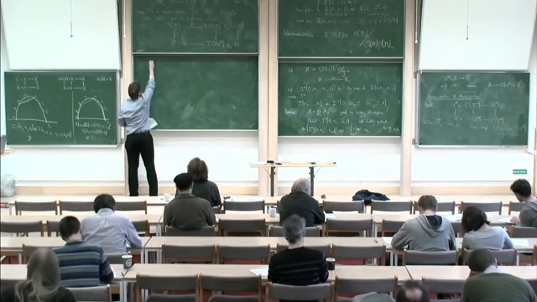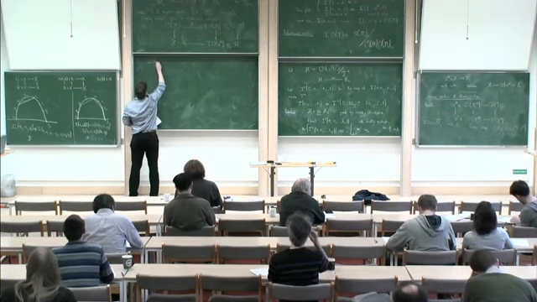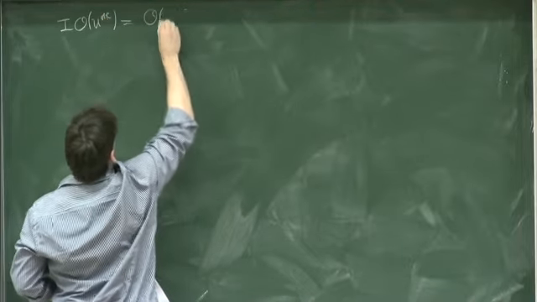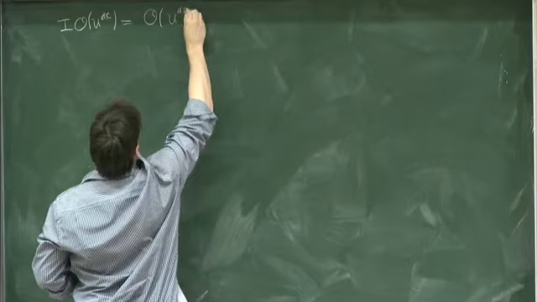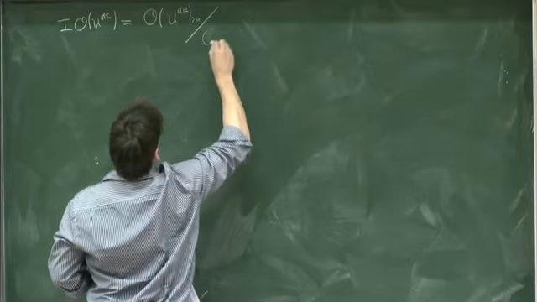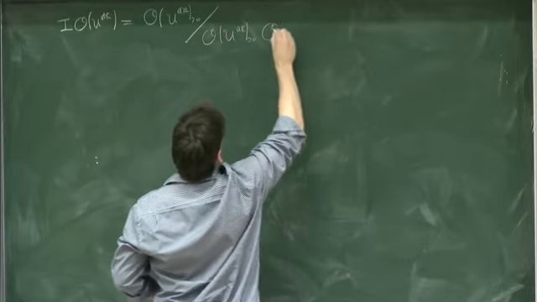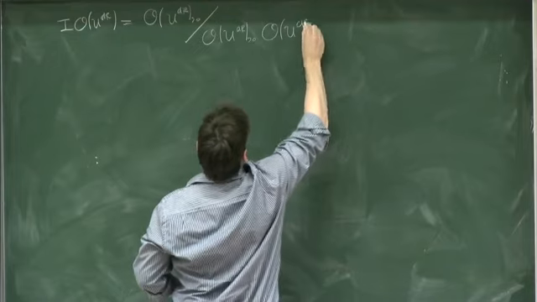So let me remind you that I of U Duram is just the set of indecomposable elements, so elements of positive degree, this thing is graded, modulo products of things of positive degree.